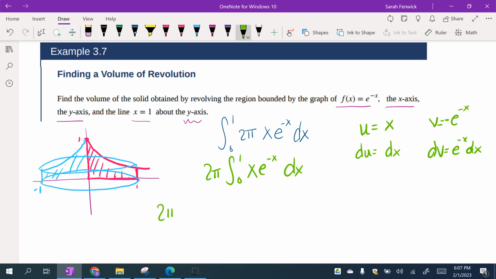So 2 pi times uv minus the integral v du, and this is from 0 to 1. v is negative, which is going to make that a plus, e to the negative x, du, which is dx. All right.